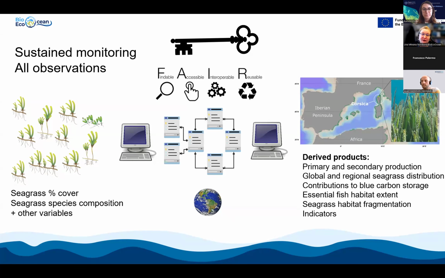Because with more available data, we can also create very nice products. In this example, a seagrass distribution map, but it can also contribute to different indicators.